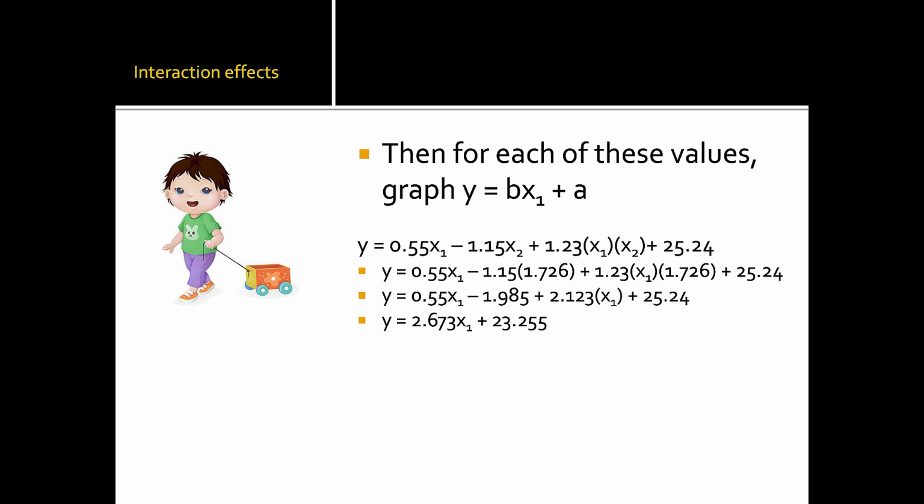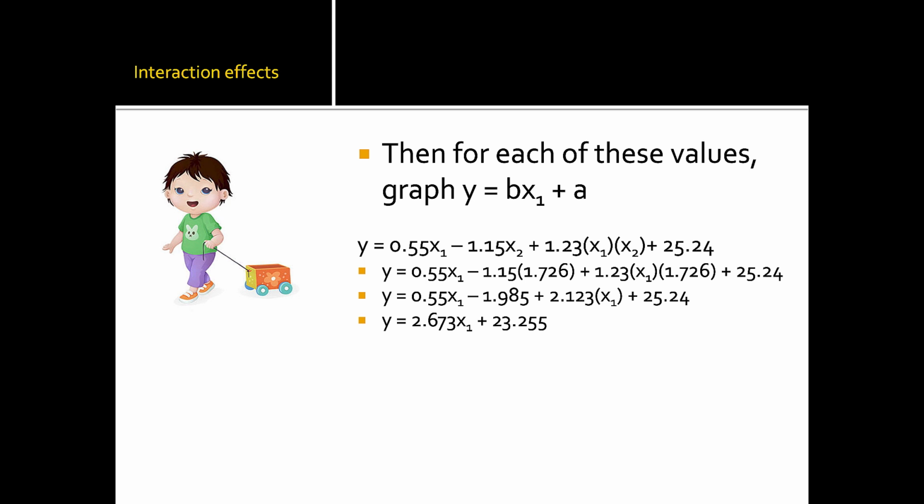For example, in that second term, it's minus 1.15 times x2. That becomes minus 1.15 times 1.726. And then it goes in also in the interaction term there. That first term gets simplified, so negative 1.15 times 1.726 becomes negative 1.985 in the third line there. And then that gets subtracted from 25.24, which was your intercept value, or your A value there.